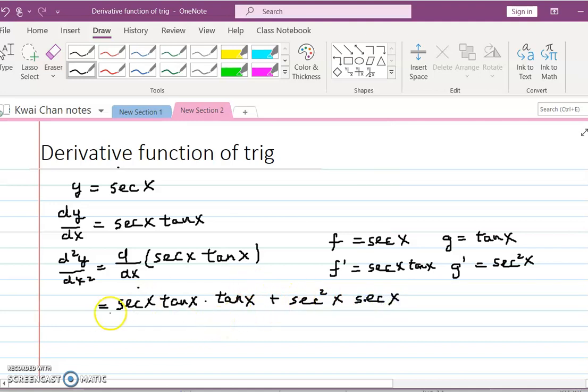So you can see that there's a lot of secant and tangent. So this becomes secant x tangent squared x plus secant cubed x.